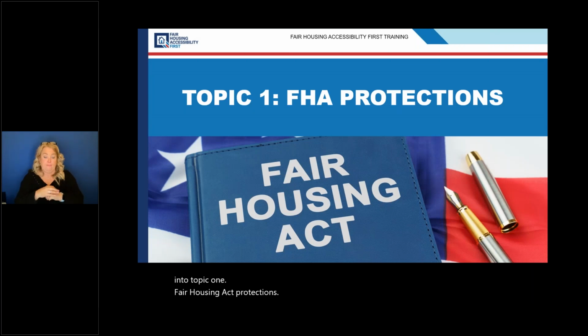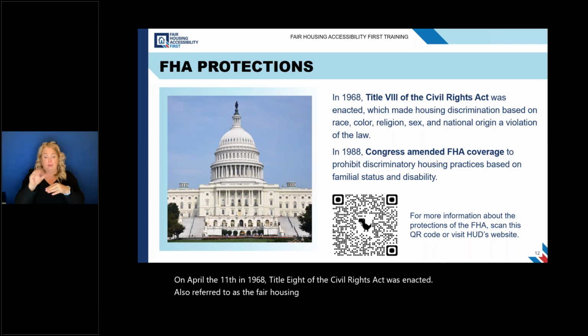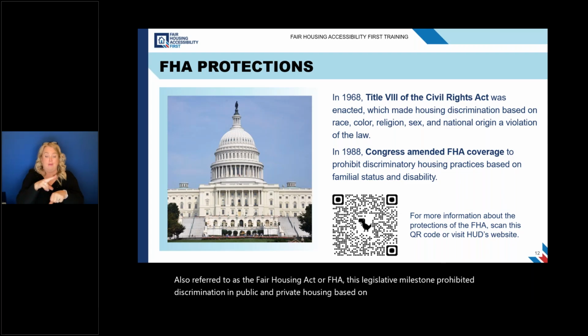Fair Housing Act history. On April the 11th in 1968, Title 8 of the Civil Rights Act was enacted, also referred to as the Fair Housing Act or FHA. This legislative milestone prohibited discrimination in public and private housing based on color, national origin, race, religion, and sex.